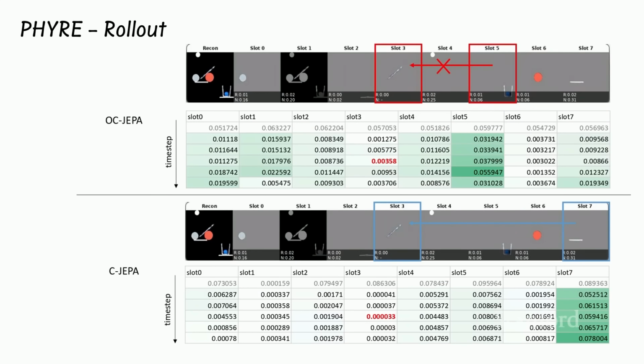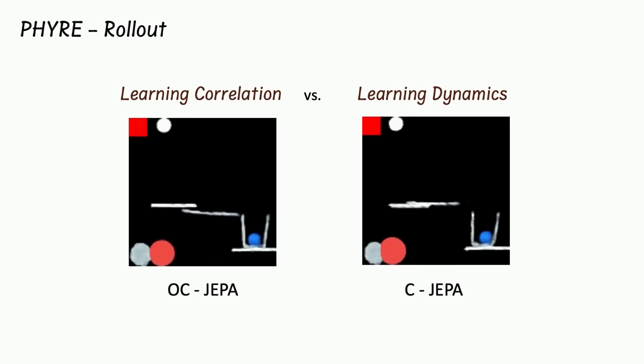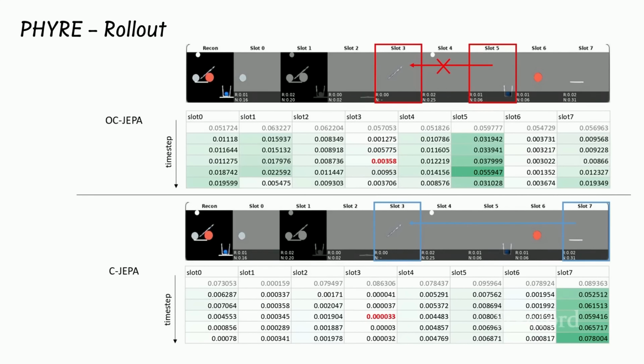You can see the failure is actually coming from attending to the wrong, irrelevant object. For example, OC-JEPA relies on the cup, which contains the blue ball, and C-JEPA conditions on the right bar to predict its future state.